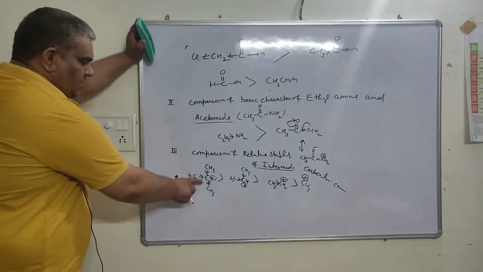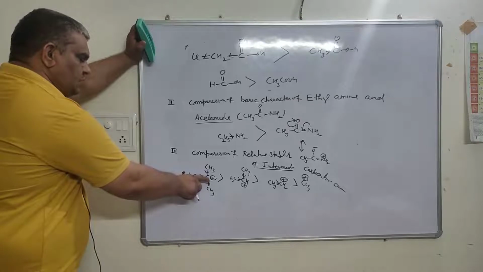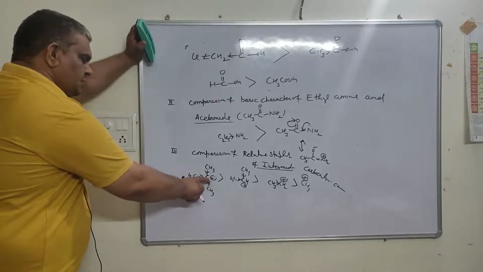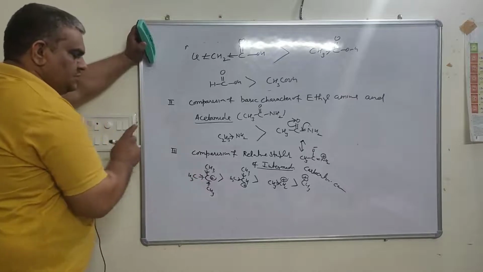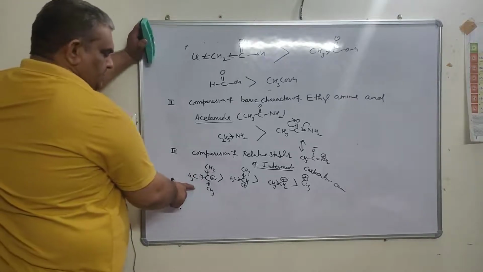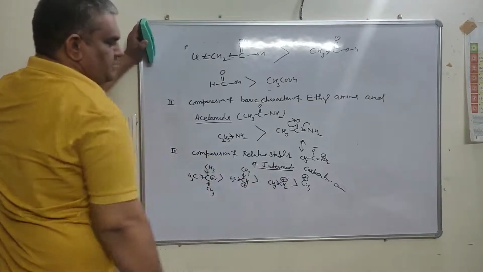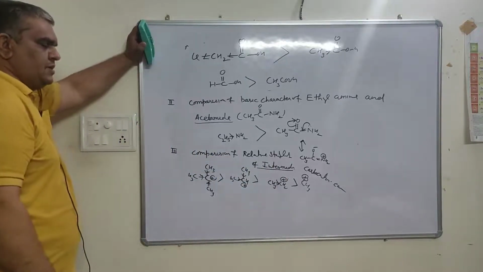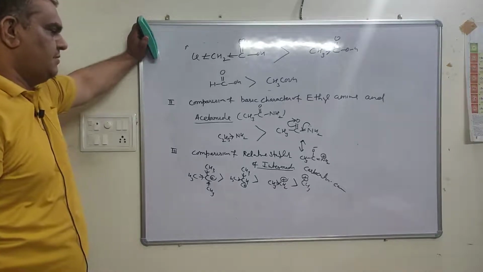The more the number of alkyl groups attached to the positive charged carbon, the more will be the dispersal of charge and the more is the stability. That's why tertiary is more stable than secondary, secondary more stable than primary, and primary more stable than methyl carbocation. This is explained on the basis of the plus I inductive effect.